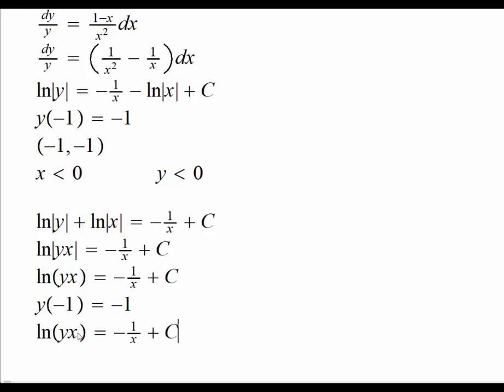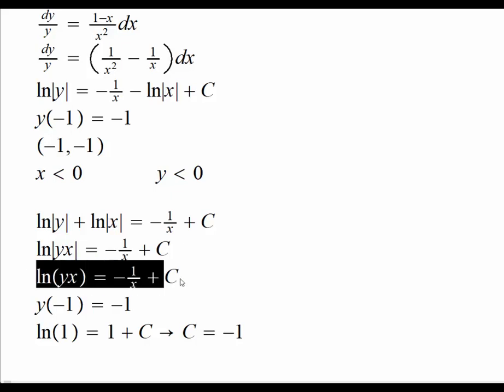So what we get is this product will simply become -1 times -1, that is 1. And then negative of -1 will be 1. So natural log of 1 is 0, and what that gives us for c is -1, right? So what we got is that, yes, let's scroll up.